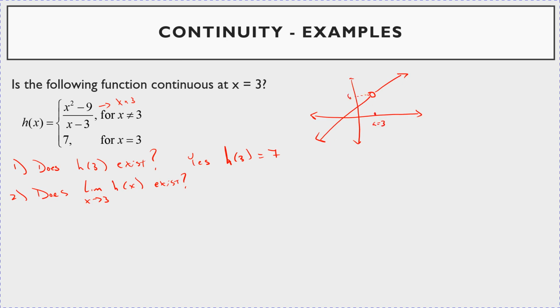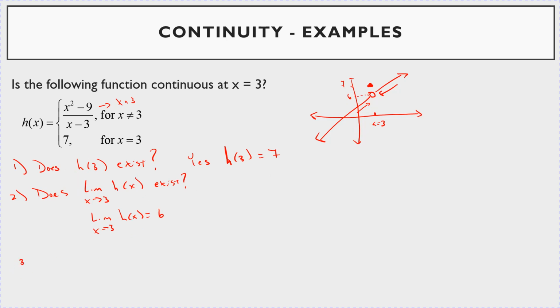This hole is going to look like it's at 6, but then at the number 7, the graph is redefined with this dot right here. So the limit as x goes to 3 of this graph is equal to 6. So h of 3 exists, and the limit as x goes to 3 exists.